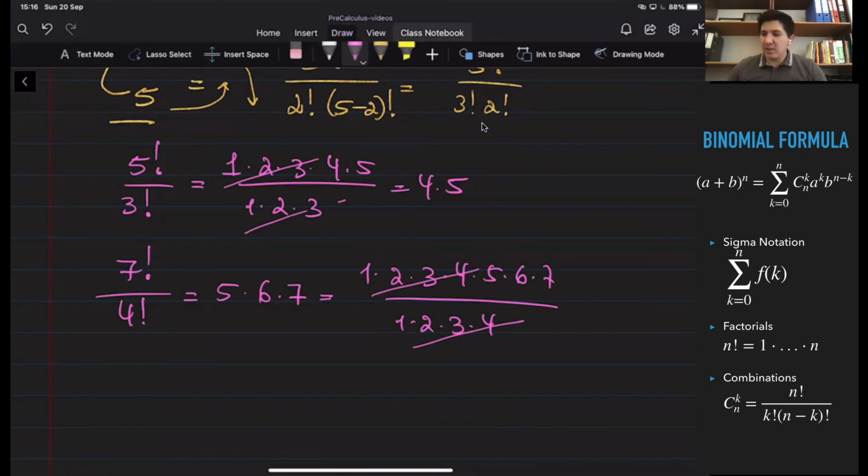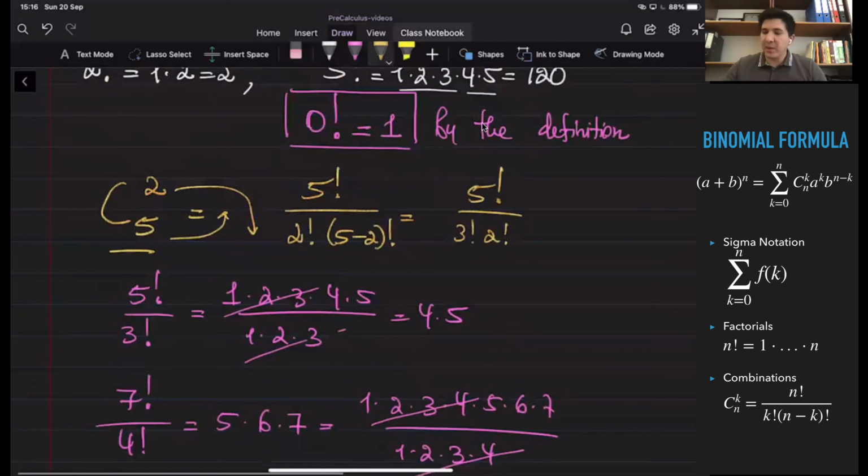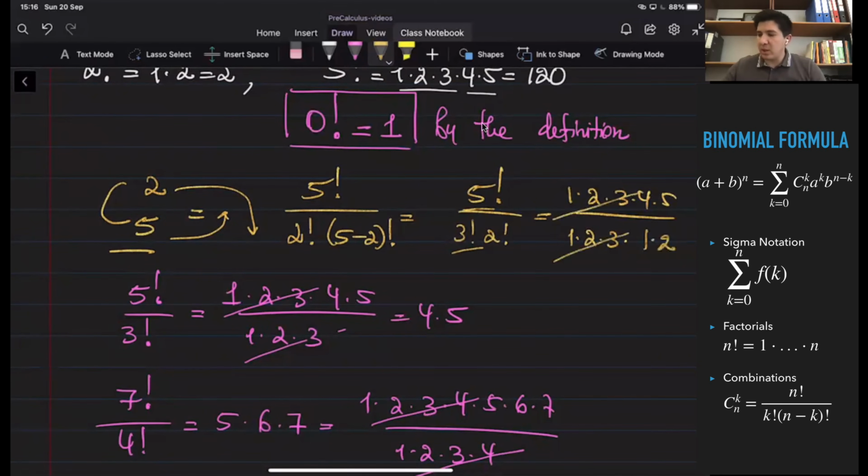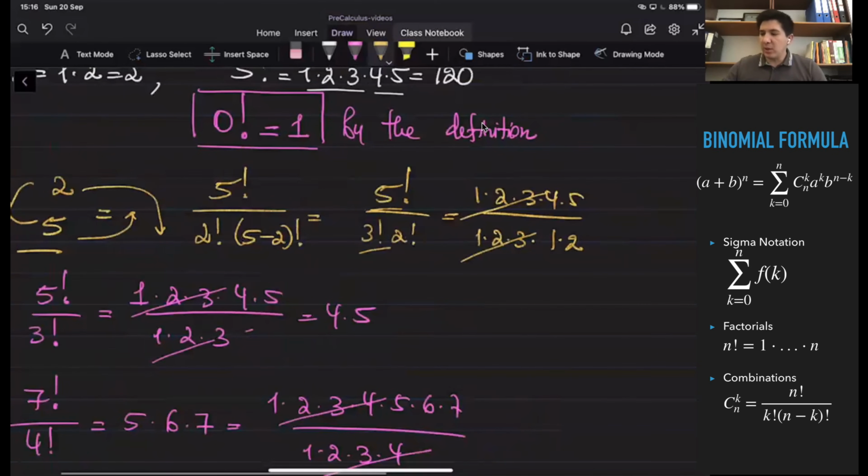This idea is really important because it helps us simplify our calculations. So here we can cancel 5 factorial by 3 factorial, and it's simply 4 times 5. Let me write 1, 2, 3, 4, 5 divided by 1, 2, 3 times 1, 2. We can cancel these terms, and the rest is 20 divided by 2, which is equal to 10.